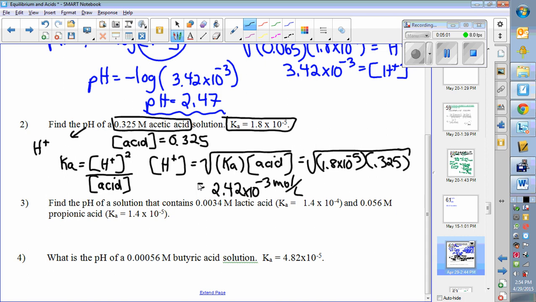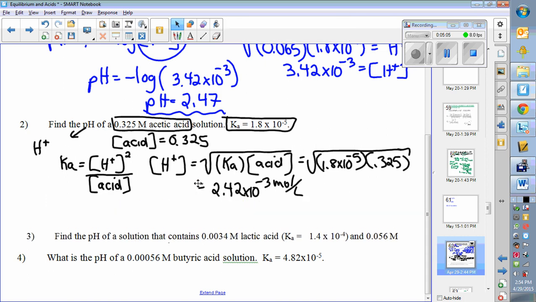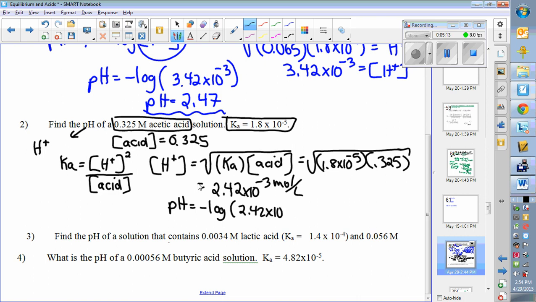Turning that into a pH means you're going to take the negative log of that number, 2.42 times 10 to the minus 3. So we do negative log of the answer, and you get 2.62 as a pH.